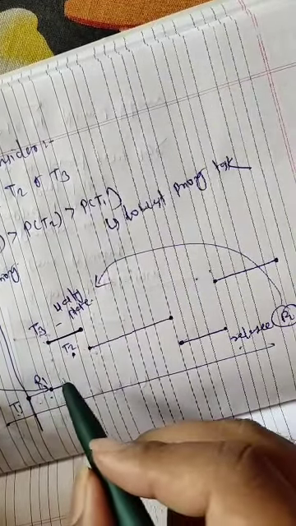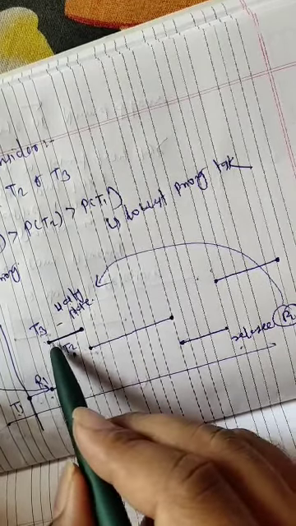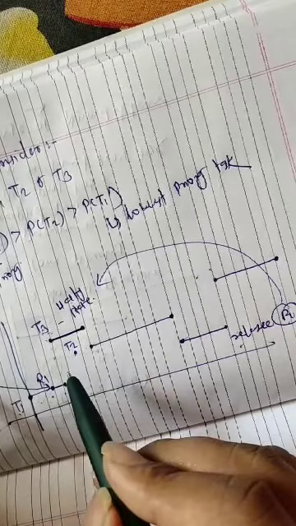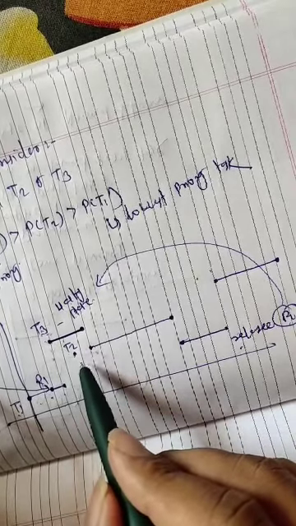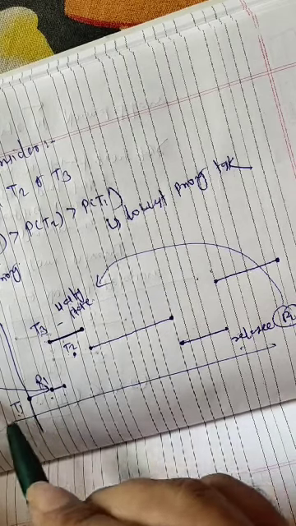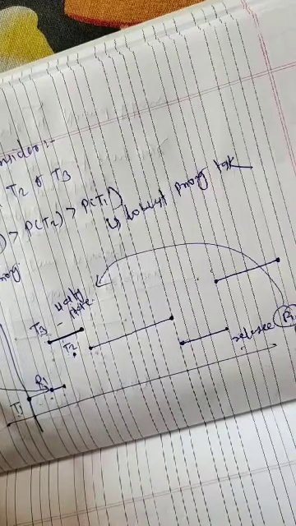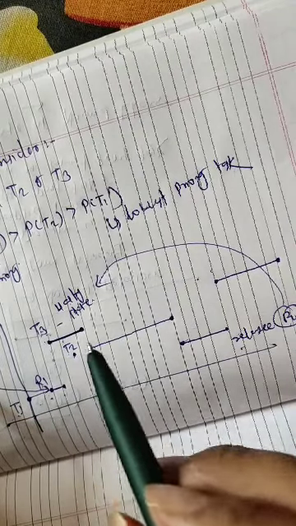In this situation, what happens? T3 has the highest priority, but T3 waits until the completion of the lower priority tasks, T1 and T2. This type of situation we call priority inversion.